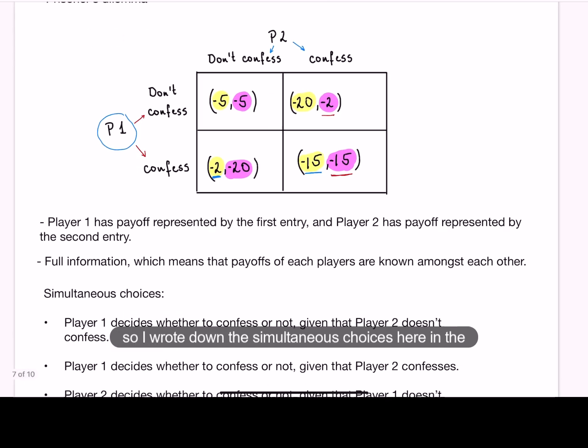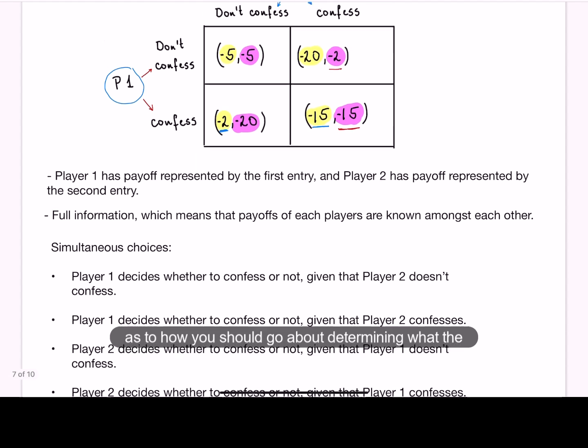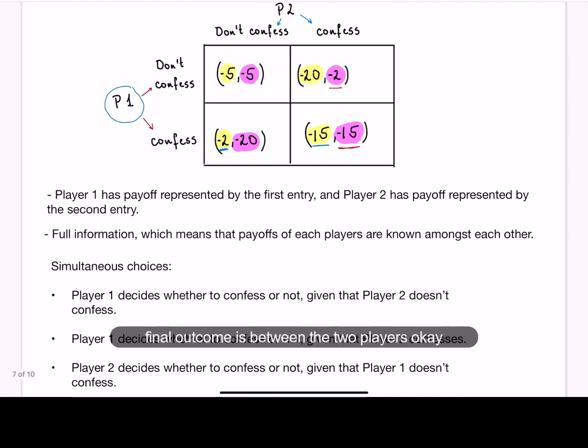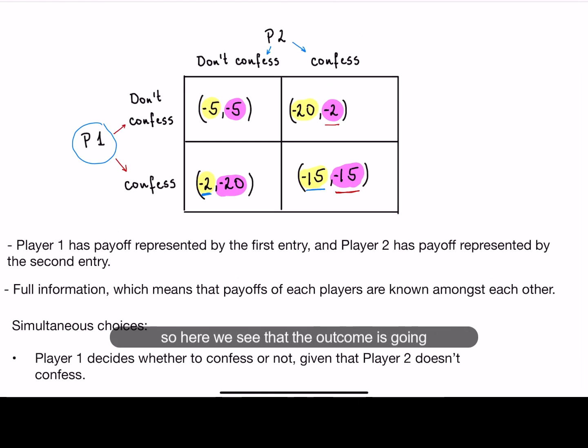Okay, so I wrote down the simultaneous choices here in the notes. So this helps you build a step-by-step structure as to how you should go about determining what the final outcome is between the two players. Okay, so here we see that the outcome is going to be to confess and to confess.